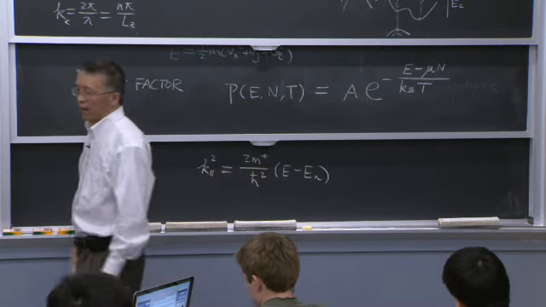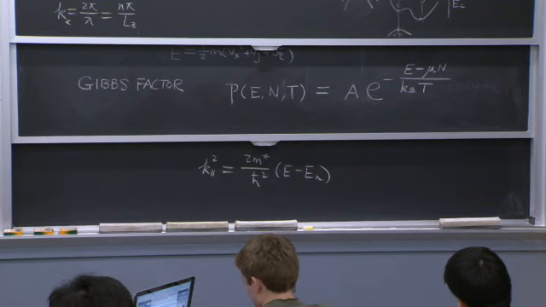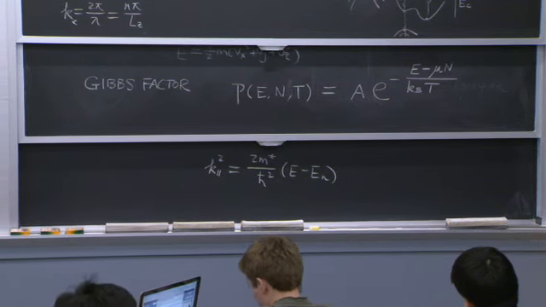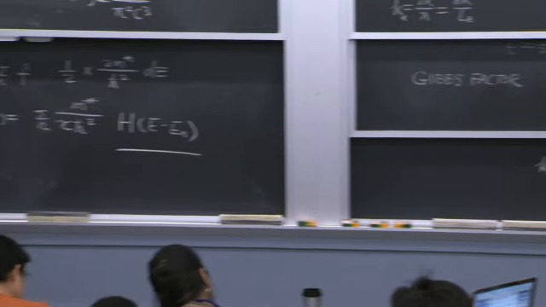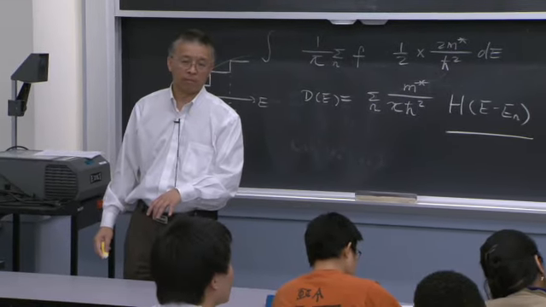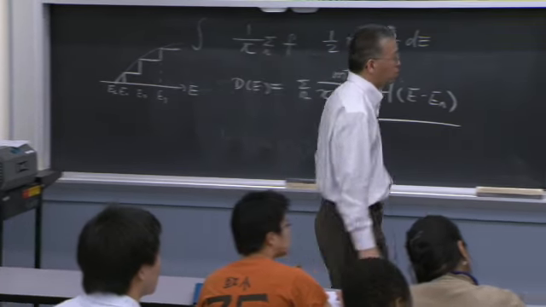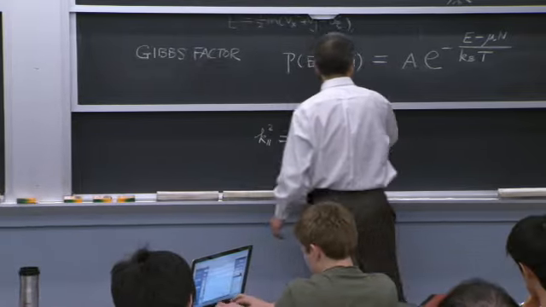So now I add this mu, which is the chemical potential. That's to say how much energy you need to take out or place a particle into the system. So mu is the chemical potential.